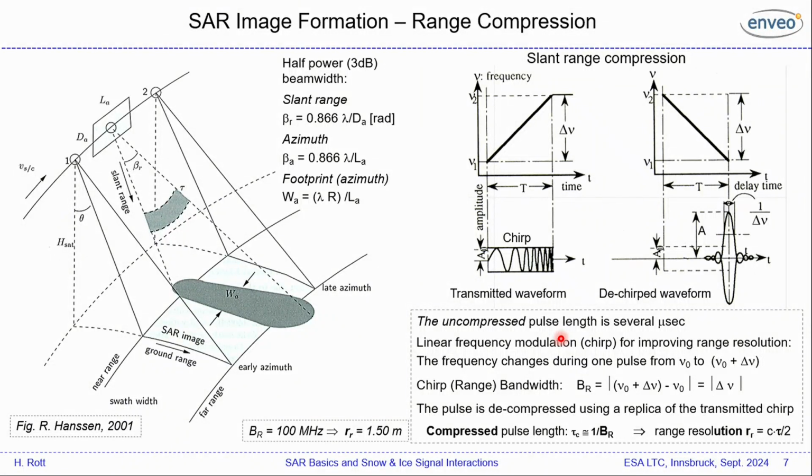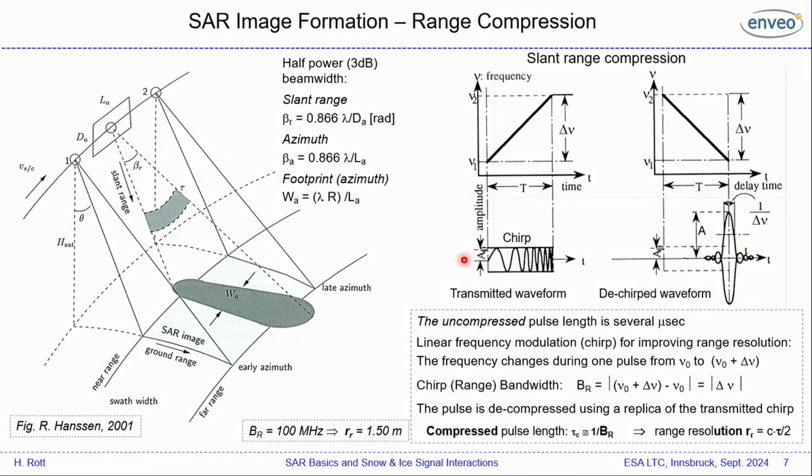Now, all this plays a role for image formation. This shows again, on one hand, the half-power beam width in slant range and azimuth and the large footprint. And now, for the range, we have a wave of which the frequency varies within this short pulse.